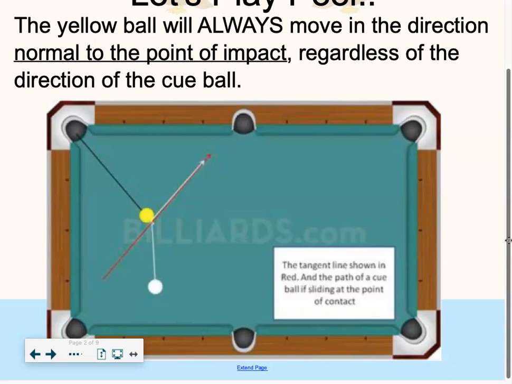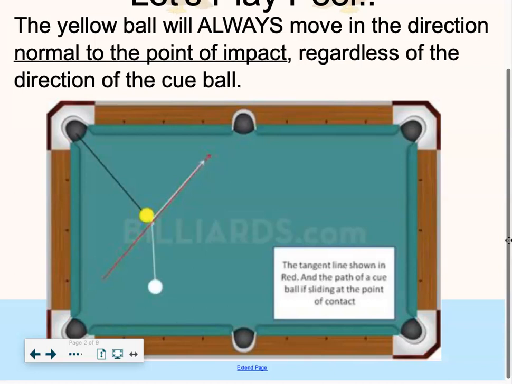The thing I didn't know is that it doesn't matter what direction the cue ball is coming from. It will always move in a direction perpendicular to the point of impact. So if this white ball hits this ball, there's a point there. There's a line tangent to the yellow ball at that point.